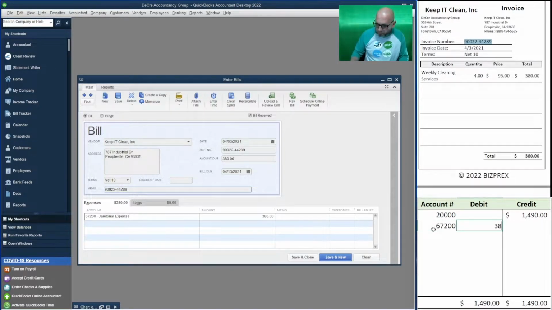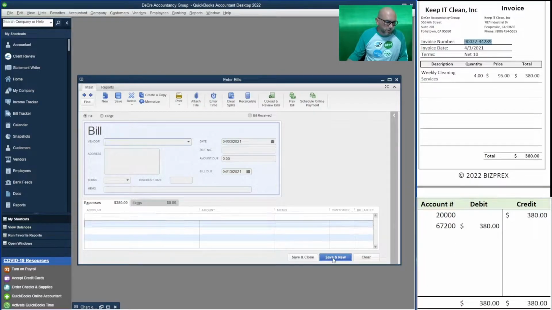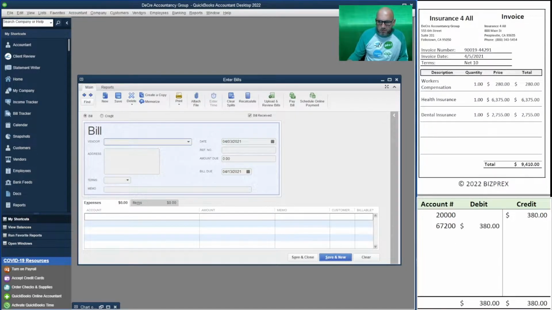All right, 380. Okay. So this is a debit to 67,200. This is a credit to 20,000. Accounts payable goes up. Expenses go up. We're not paying him yet, so our cash is not touched. But when we do pay those bills, we will not touch the expense account. Just want to reiterate it as people ask me sometimes.